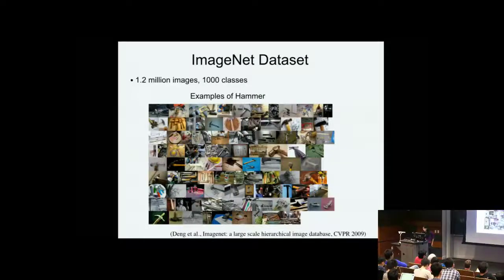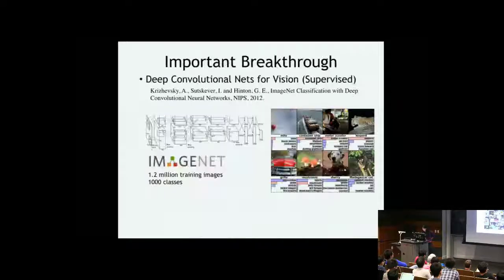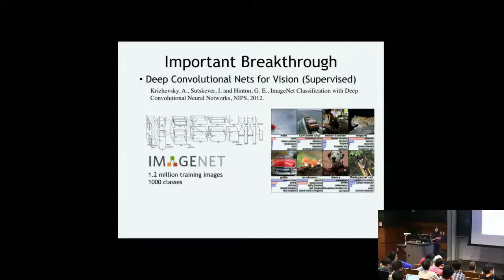Now, the important thing that everybody knows is that there was a big breakthrough with CNNs in 2012 because they were able to be trained on this huge image database that had 1 million images with labels. Interestingly, these images were pretty difficult, and they only had the label, without knowing where the object was. So it was highly non-trivial that training a neural network for classification would actually succeed.